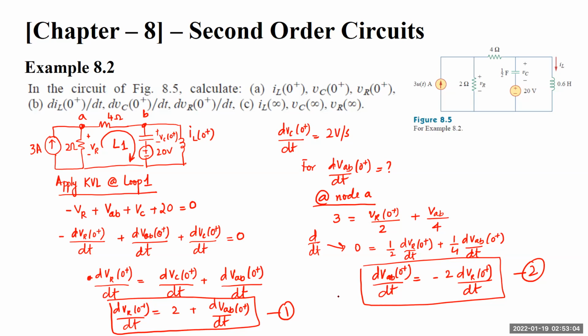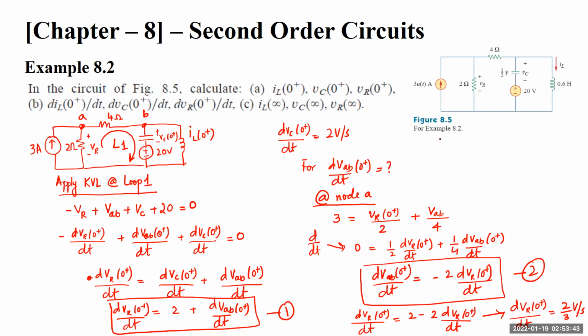So now with the help of these two equations, we can simply say that dVR 0 positive equals 2 minus 2 times dVR 0 positive by dt, and from this we can easily say that dVR 0 positive by dt is equal to 2 by 3 volts per second.